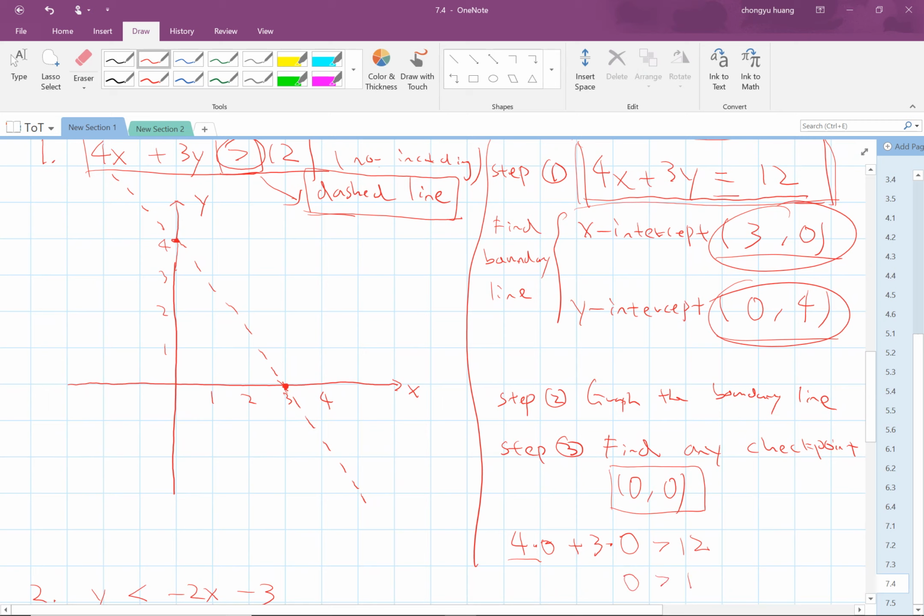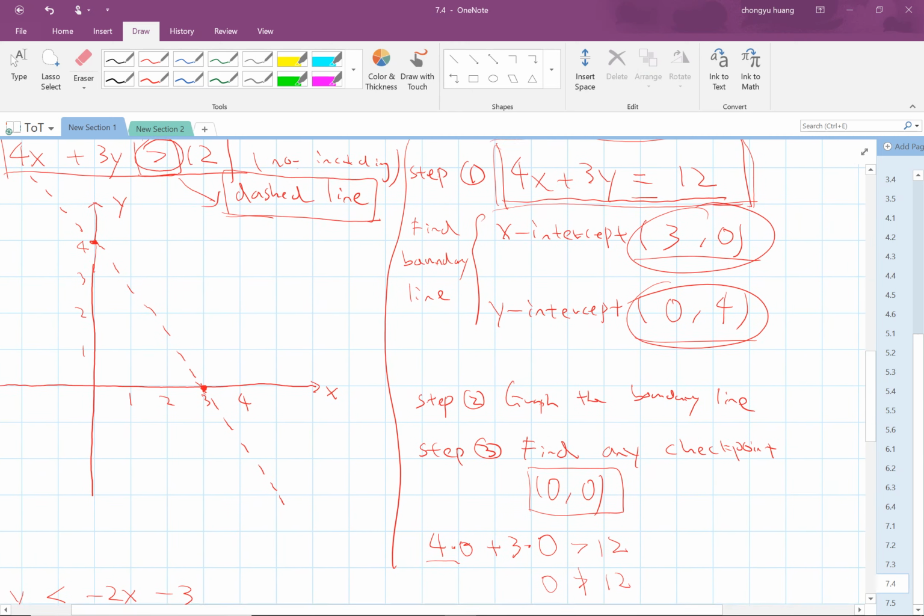So as you can see, 0 is not bigger than 12. That means the statement is false.